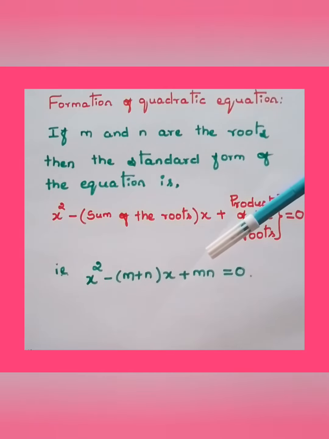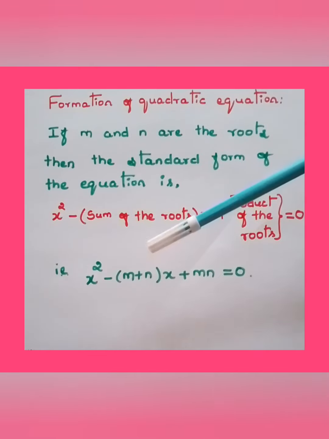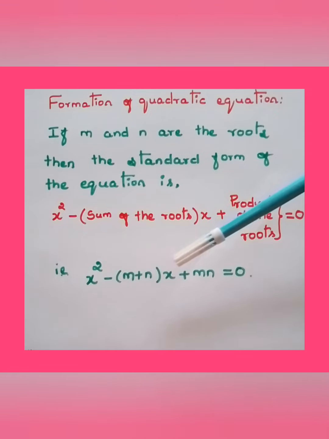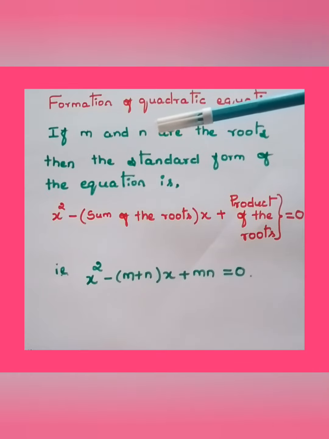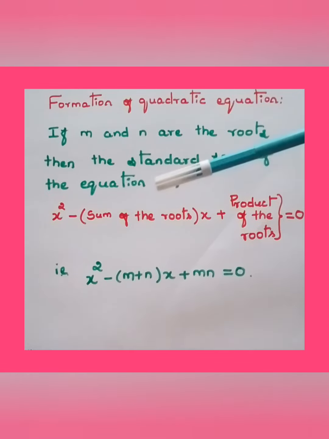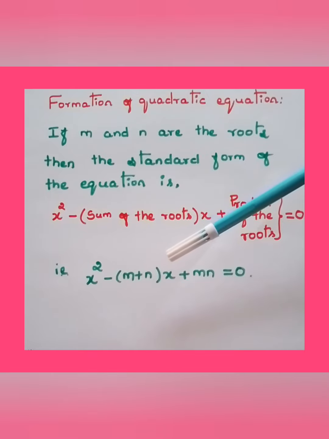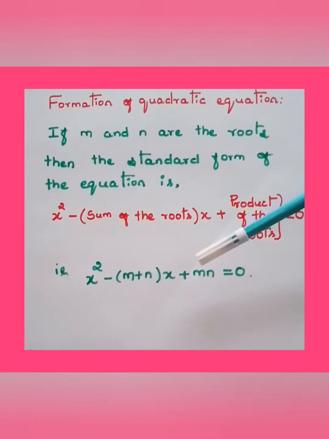And m into n is the product of the roots. If you take alpha and beta, accordingly it changes: x² minus alpha plus beta into x plus alpha into beta is equal to 0. Since we have taken m and n as the roots, the standard form of the equation will be x² minus m plus n into x plus m into n is equal to 0.